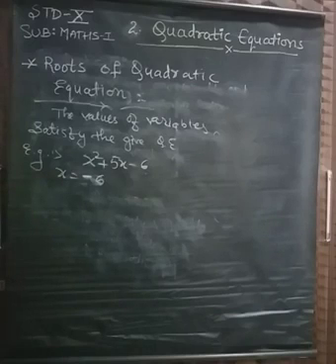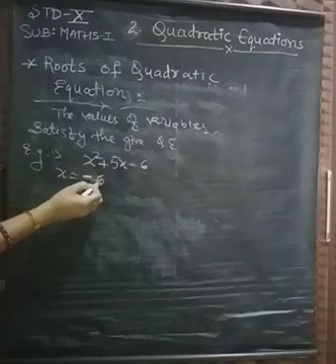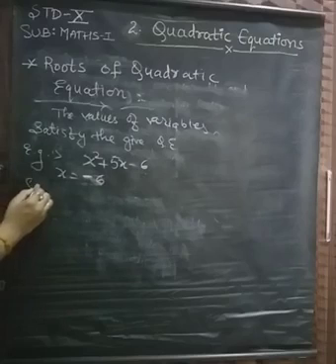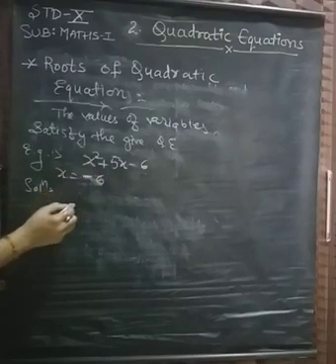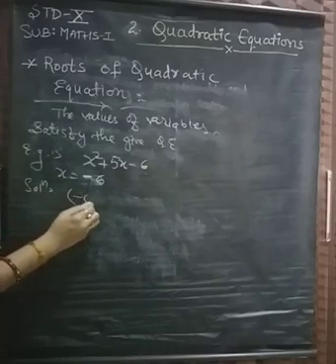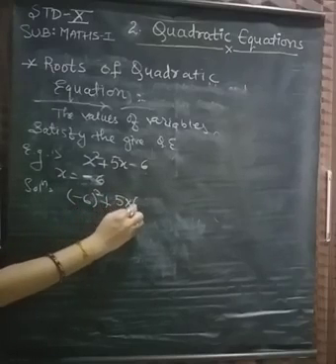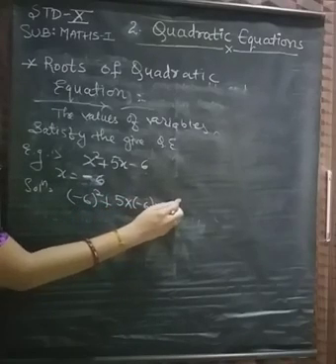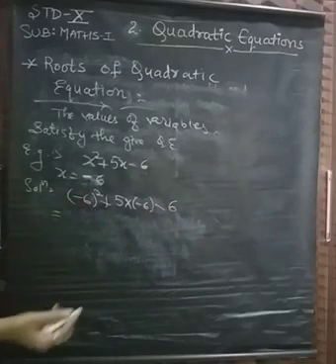So how are you going to check? We are going to replace x by minus 6. So we put this minus 6 in the place of x. So you will get minus 6 square plus 5 into minus 6 minus 6.